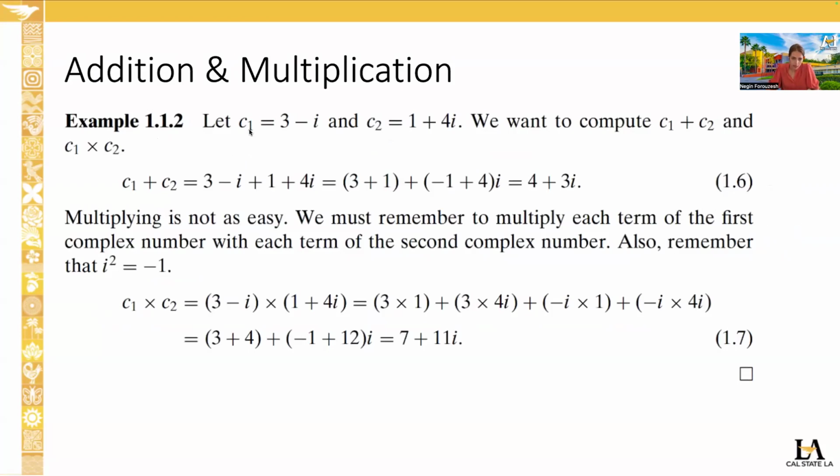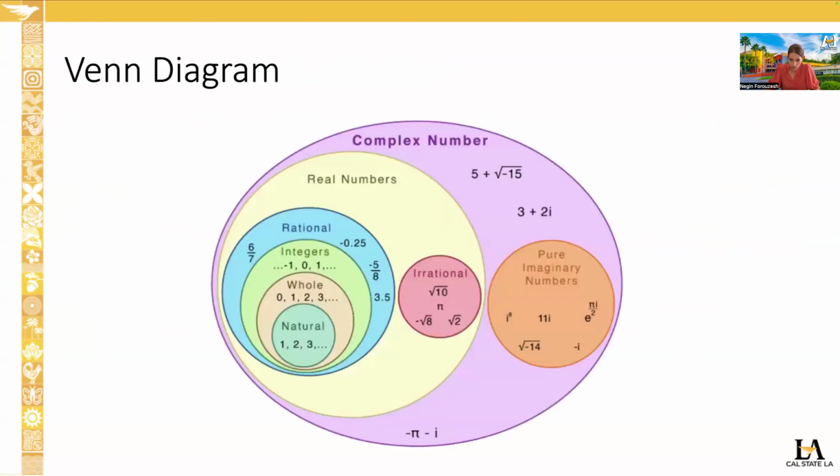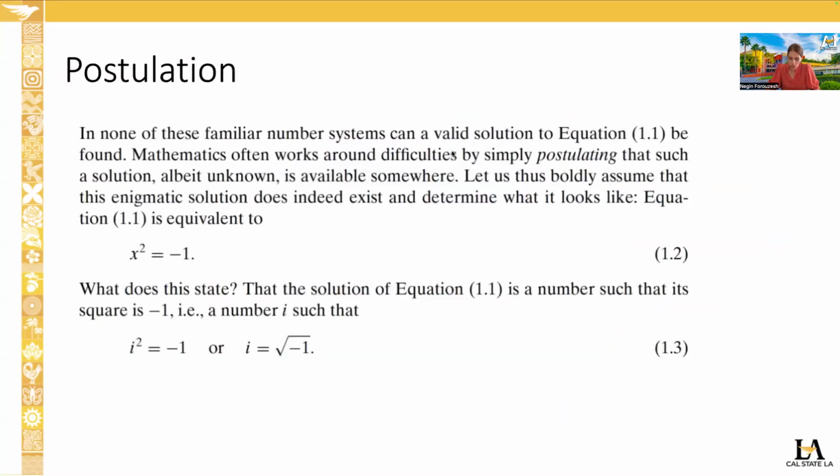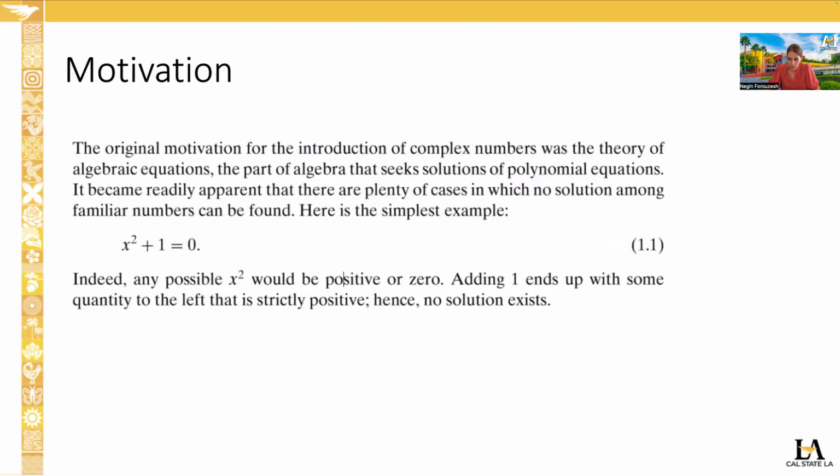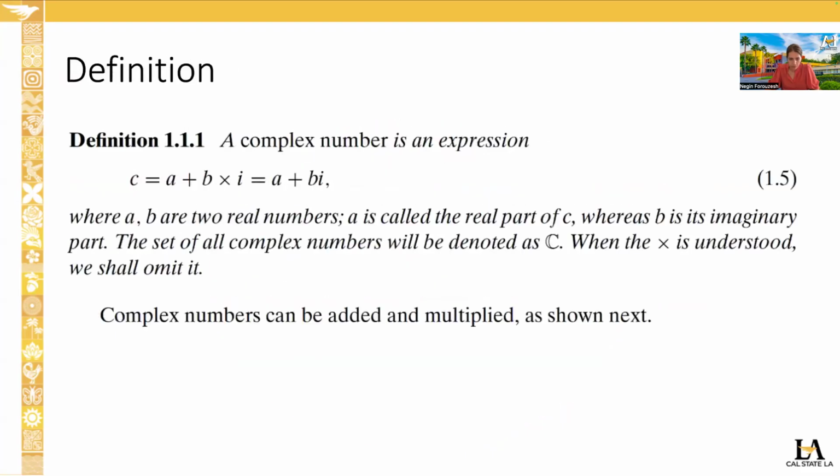So here you can see that we have two complex numbers, C1 and C2. And by the way, just back to this Venn diagram, you can see that all the real numbers are also complex numbers, right? If I just simply put 0 in here for B, then I only have the real number in here.